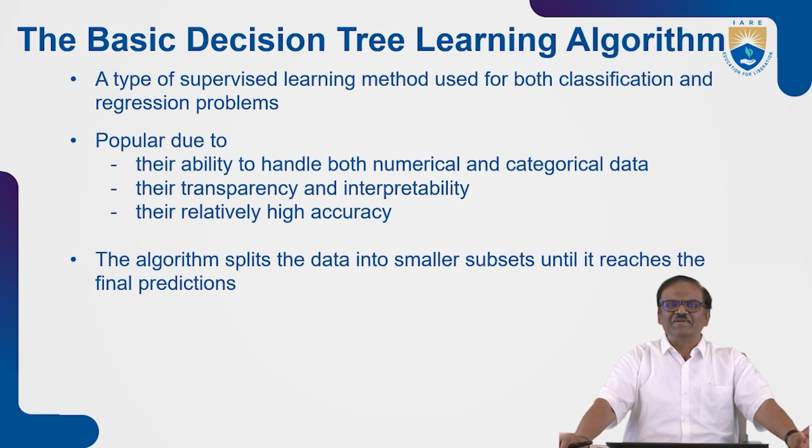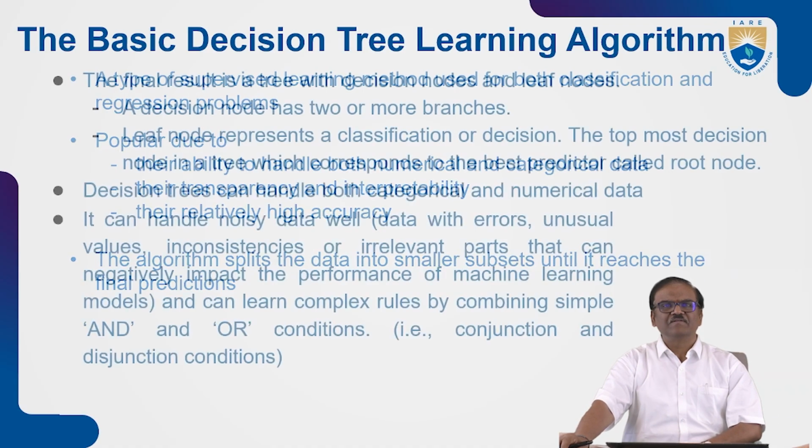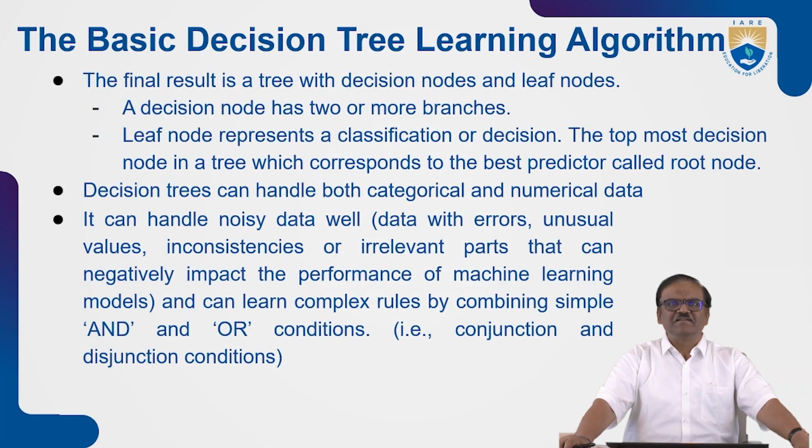The algorithm splits the data into smaller subsets until it reaches the final predictions. The final result is a tree with decision nodes and leaf nodes. A decision node has two or more branches. A leaf node represents a classification or decision. The topmost decision node in a tree, which corresponds to the best predictor, is called the root node.